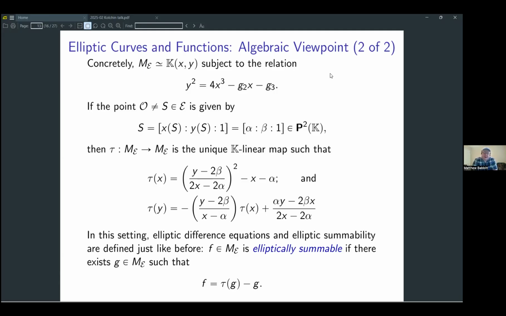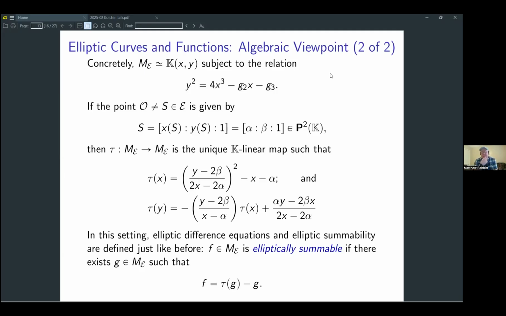Now, if you go look at the shift automorphism, it is in fact these maps just defined in terms of rational functions. So we are really dealing with a field of rational functions. It's just that now we're dealing with it over a curve of genus 1, the elliptic curve, as opposed to a curve of genus 0, like the complex plane.